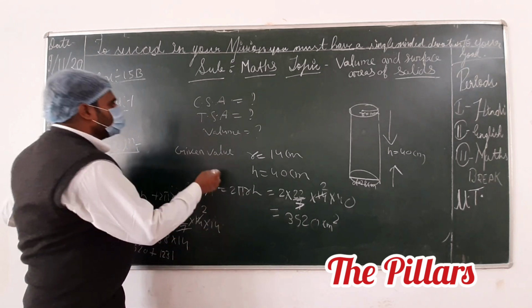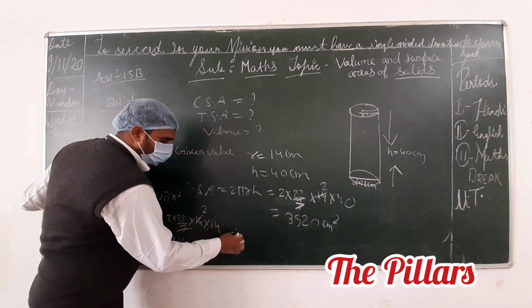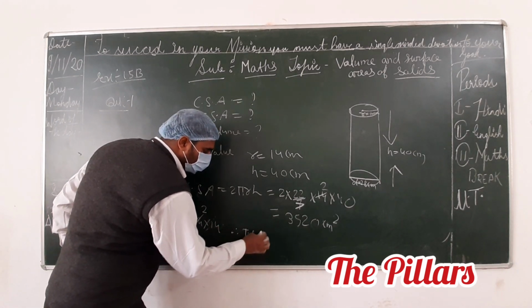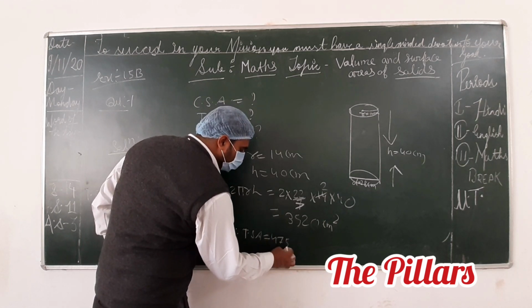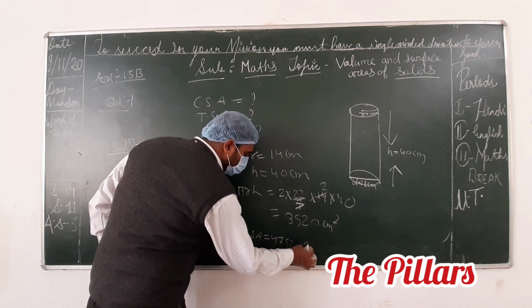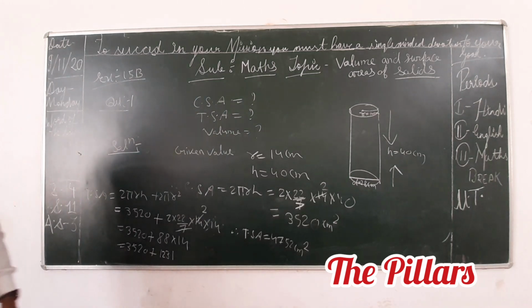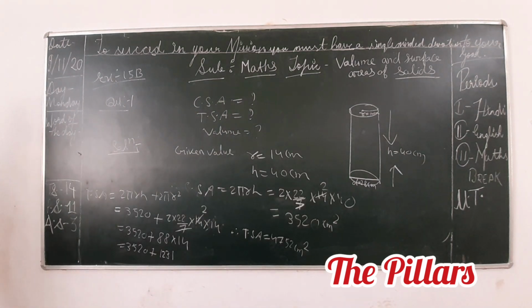Therefore total surface area equals what? 4752 centimeter square. Anyone have any doubt? Is it okay? Yes, sir.